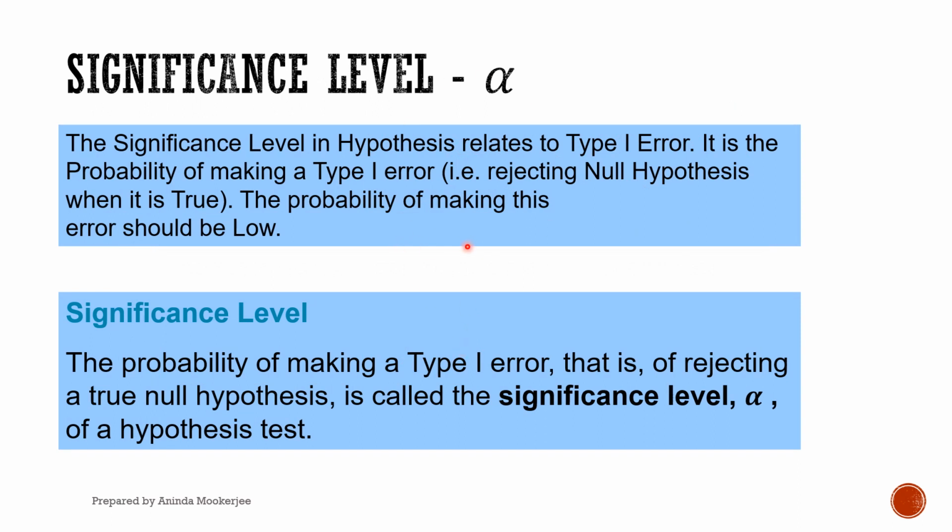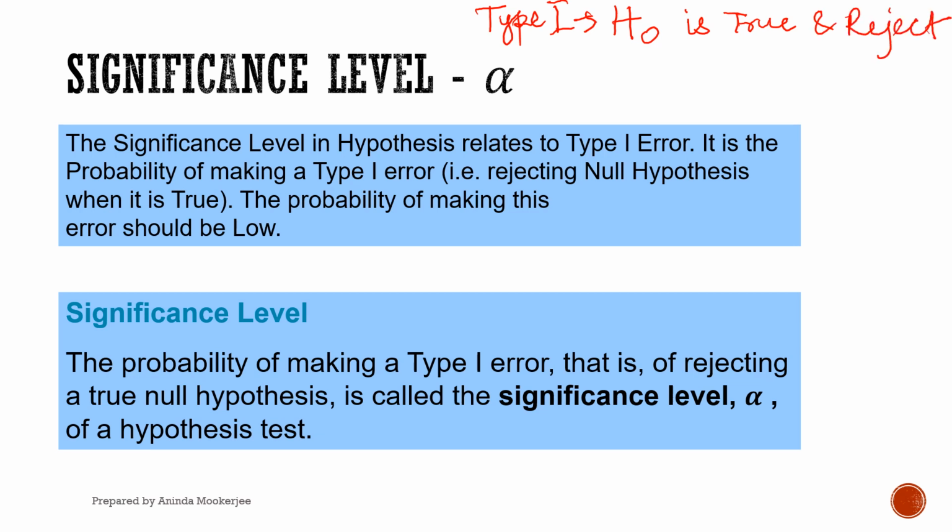Now that we have talked about the two possible types of errors in making a decision on the null hypothesis, let's look at the probabilities of making such errors. Now, the type 1 error happens when the null hypothesis is true and we reject it.